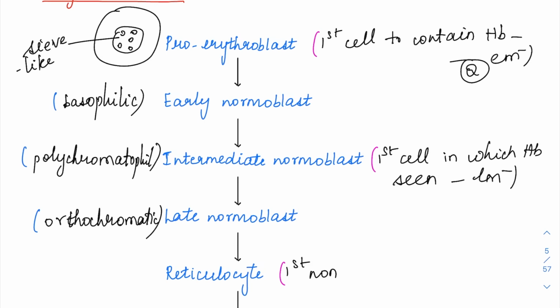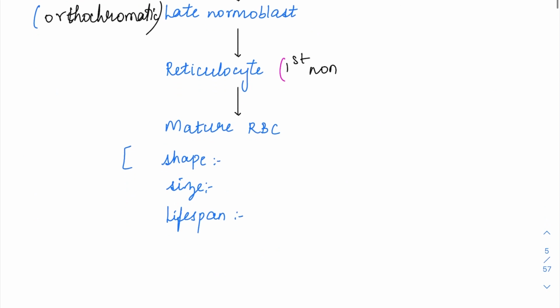So this sieve is going to have multiple holes. So like that, the pro-erythroblast nuclear chromatin is going to have multiple sieve-like holes. Okay. And the cytoplasm is going to be quite blue, so dark blue in color. So reticulocyte here, this is the first cell in which the nucleus has extruded. So nuclear extrusion is there.